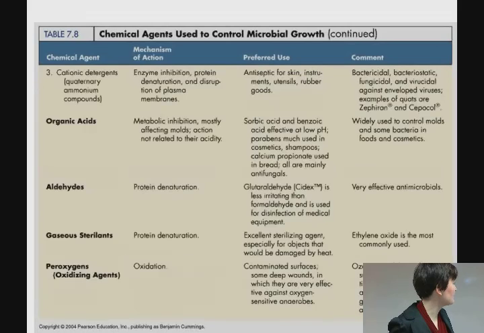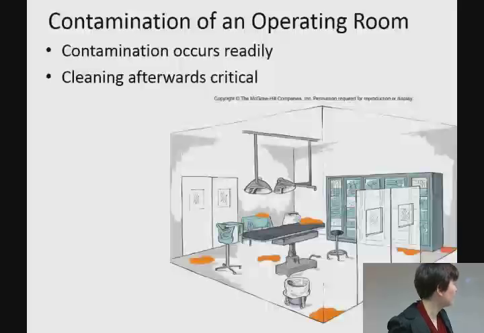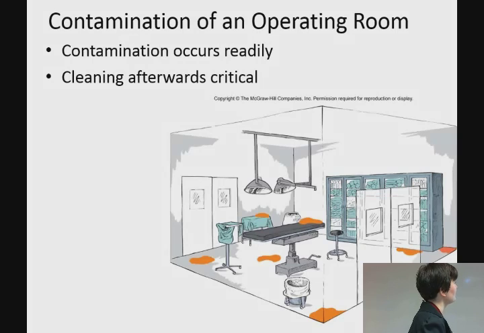So here, this is basically everything we've just talked about. The last thing I want to mention is that it's useful to think about an application for all of this dry information that you very bravely sat through, okay? Let's think about, for instance, an operating room. It has a variety of different surfaces that are going to have more or less contact with patients.